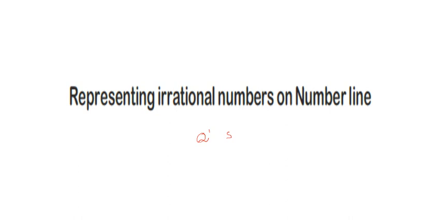The numbers which are not possible to express in the form of p by q are root 2, root 3, root 5, root 7. Otherwise, if the number n is a natural number, not a perfect square, then root of n is called an irrational number.